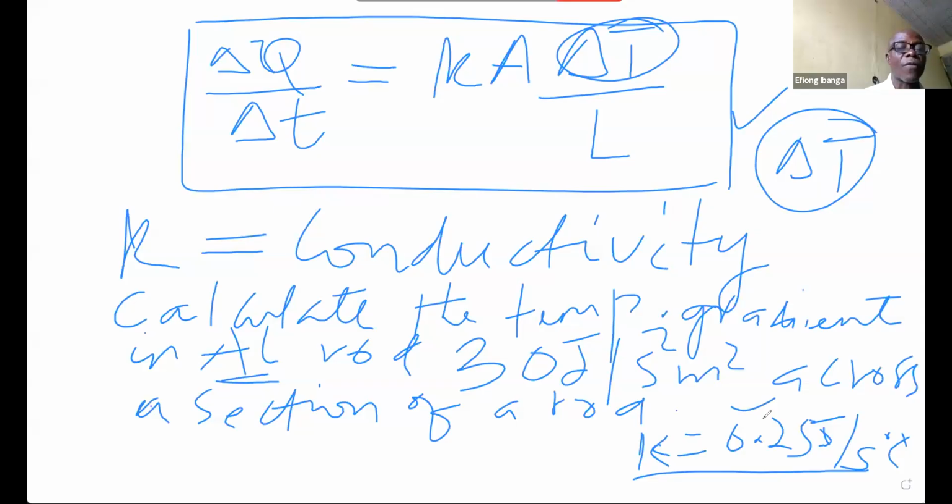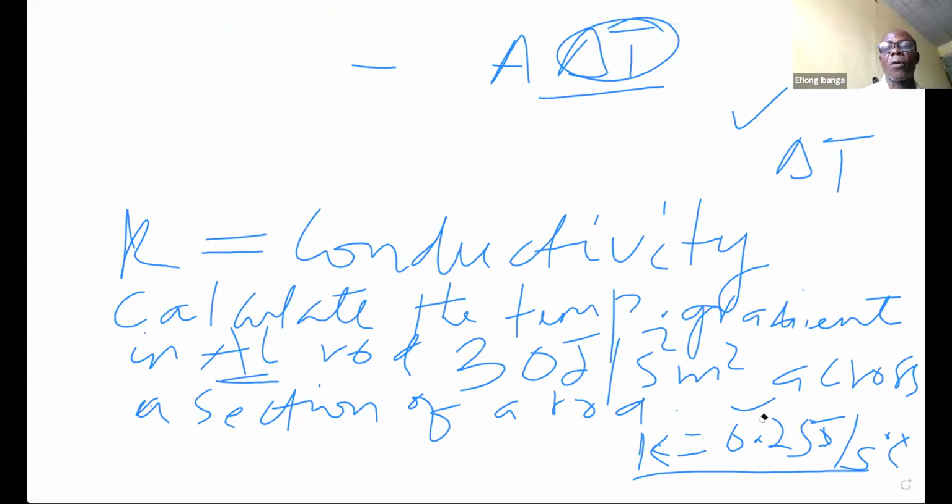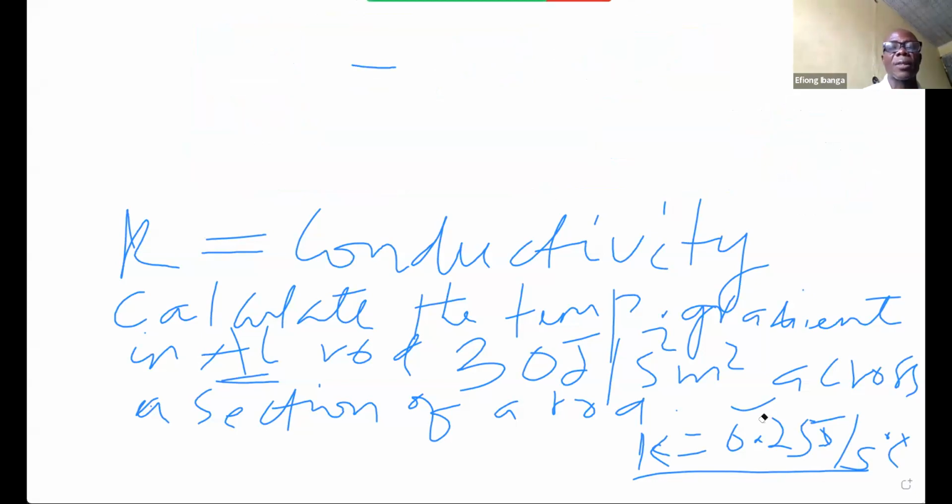We said that convection occurs in fluids. That's right. So let me write that.